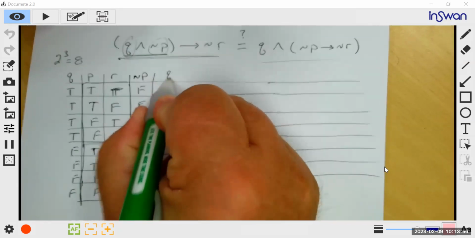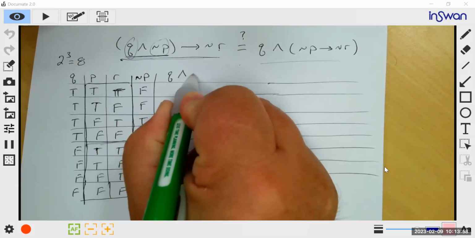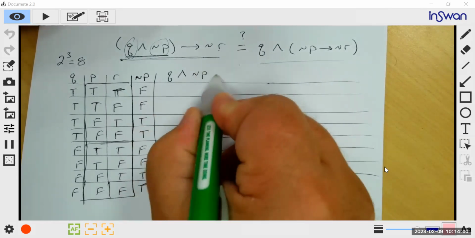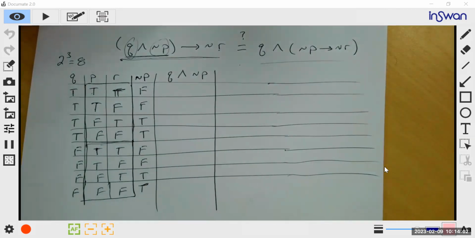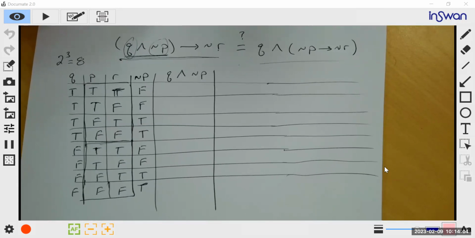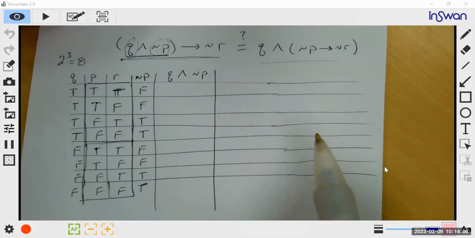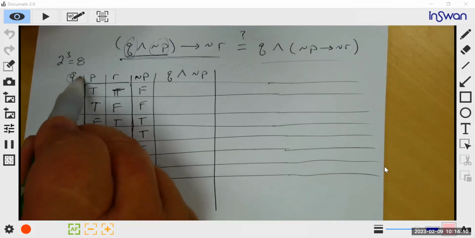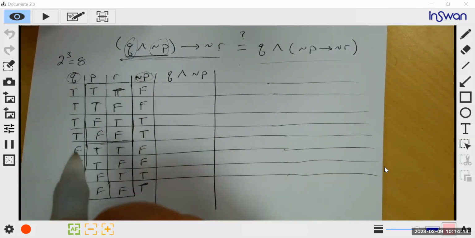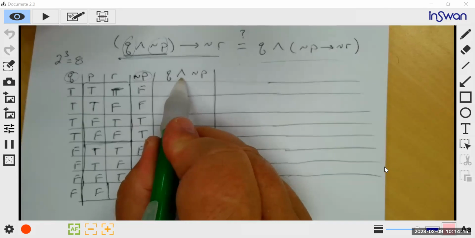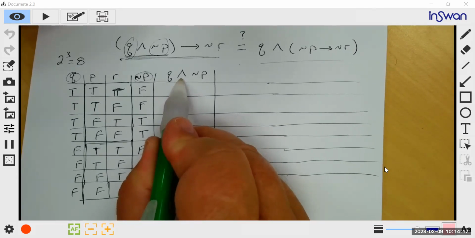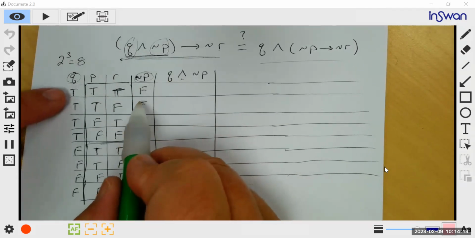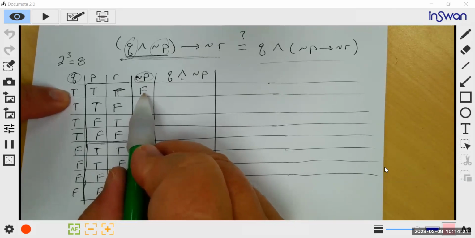So now I build that parenthesis. I use the Q column and the not P. What symbol is this? And. So if I have true and false, what's that going to be?